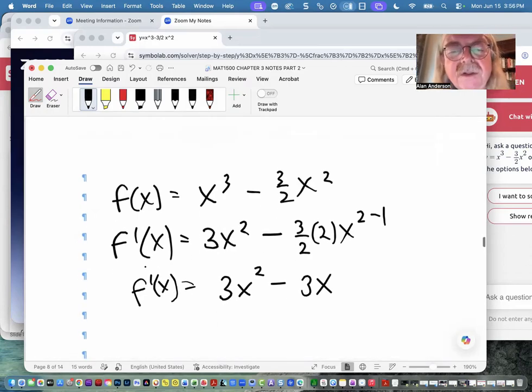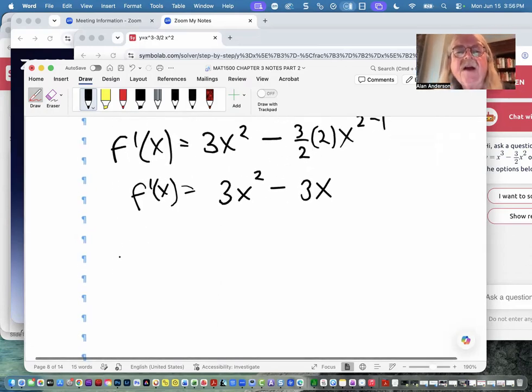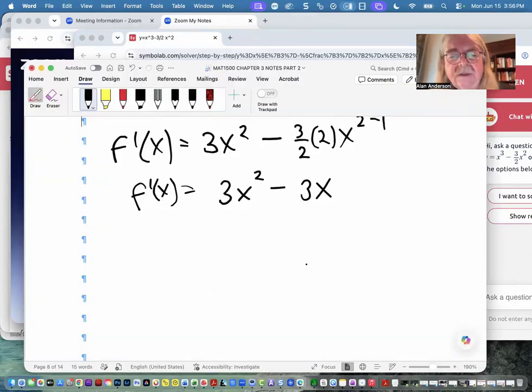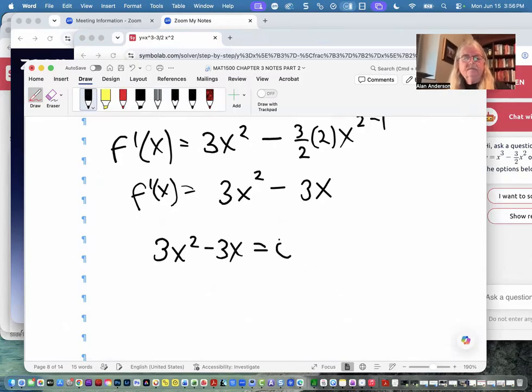What we're going to do is find the two points, here and here, where the slope of the tangent line is zero, meaning that the tangent line is horizontal. So we'll divide out the 3. We don't need that.